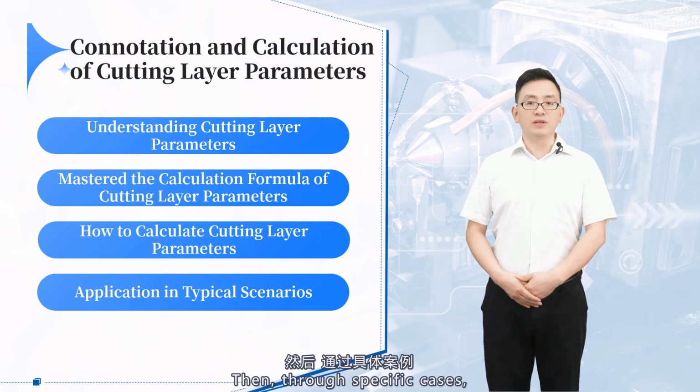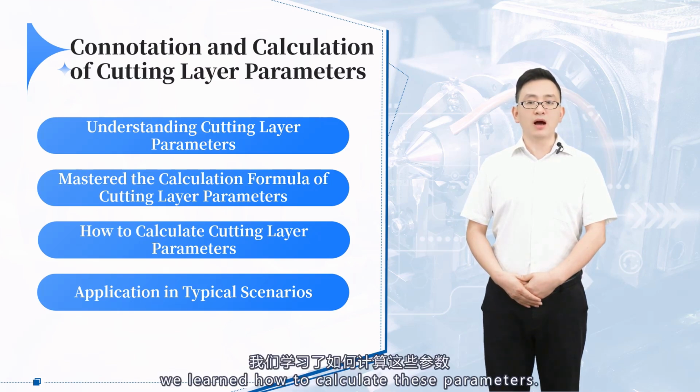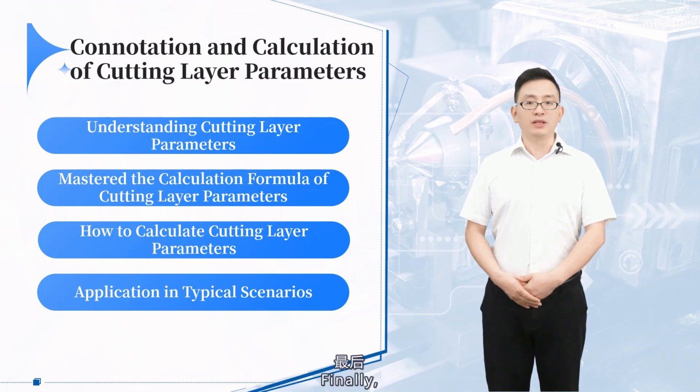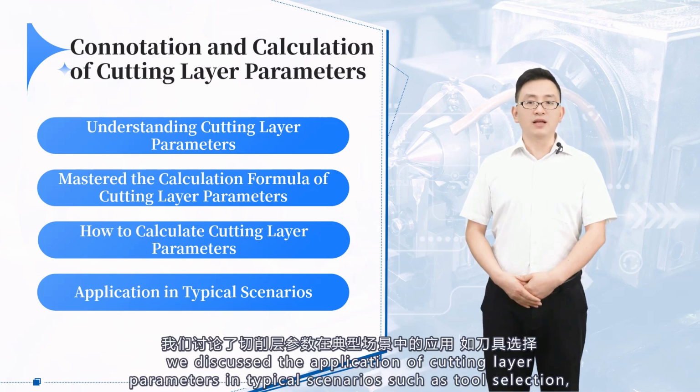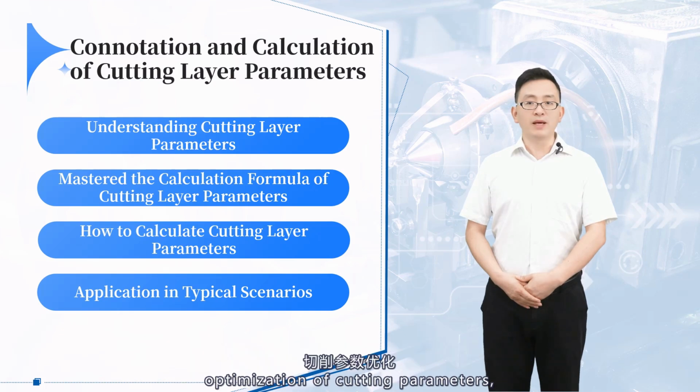Then, through specific cases, we learned how to calculate these parameters. Finally, we discussed the application of cutting layer parameters in typical scenarios such as tool selection, optimization of cutting parameters, and machining quality control.